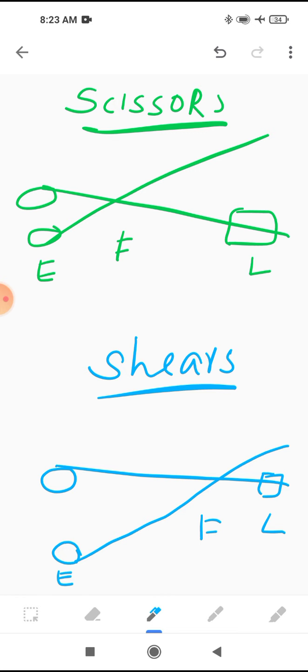In theory, I have explained first order levers can have MA equal to 1, MA greater than 1, MA less than 1. All three possibilities are there. That means first order levers can be used as force multipliers as well as speed multipliers. Okay, look at the first case, scissors. Here, how is its MA?